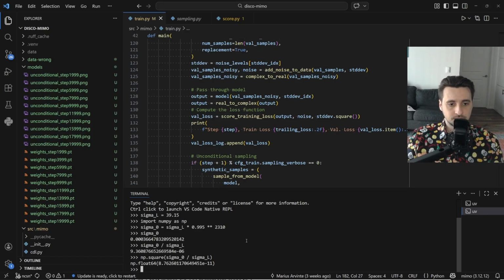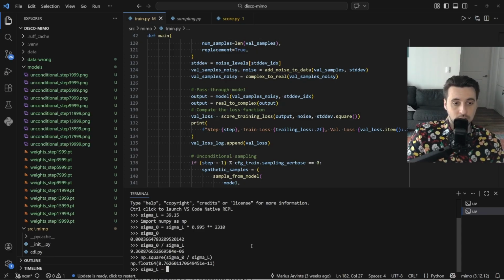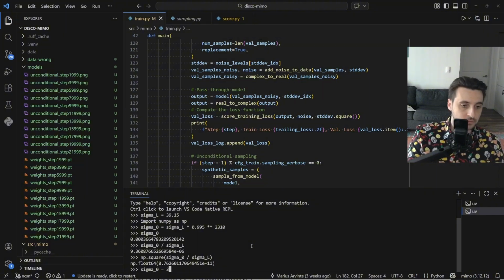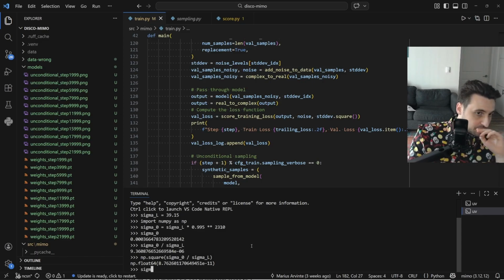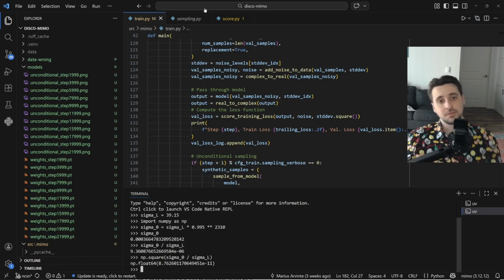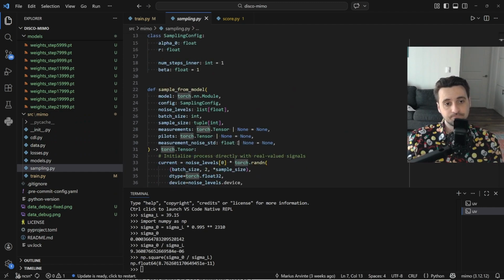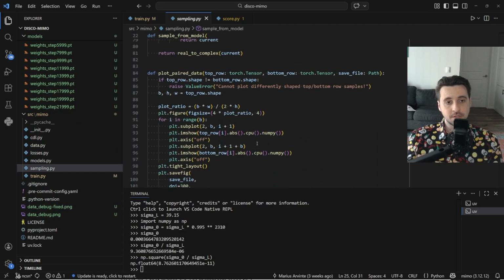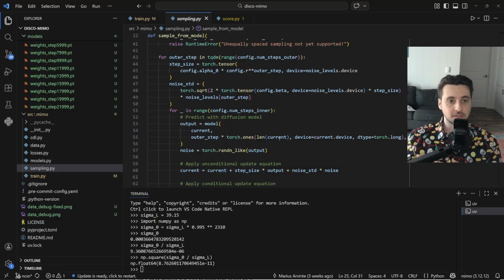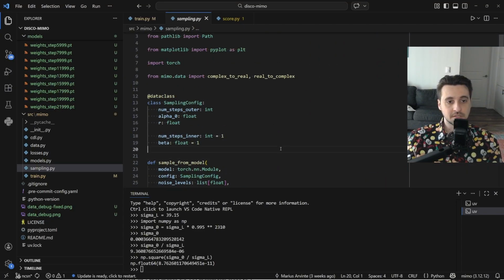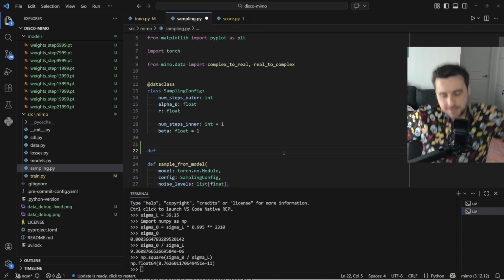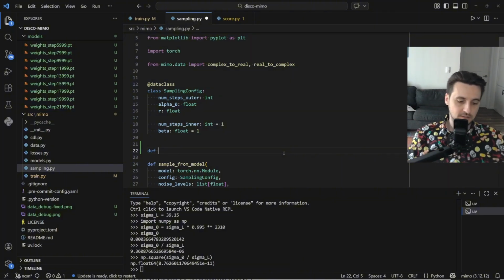So sigma 1 is 3915. Let's just implement the formula then. Why don't we write code instead of messing around? All right, so let's see. We want a function to compute epsilon.